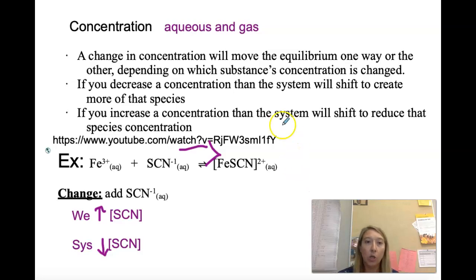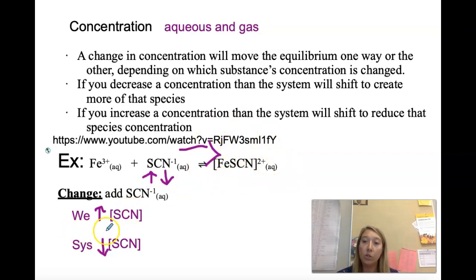So if we look individually at each one of these chemicals, we're going to find initially we increased this, but now the system just decreased it by shifting away from it. So that means we also changed the concentration of iron 3, and we also changed the concentration of FeSCN2+.